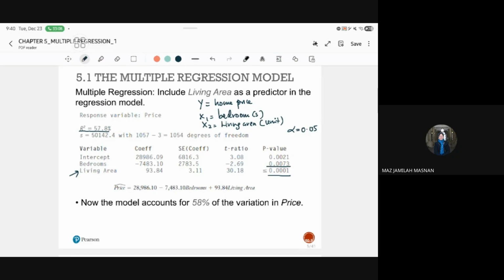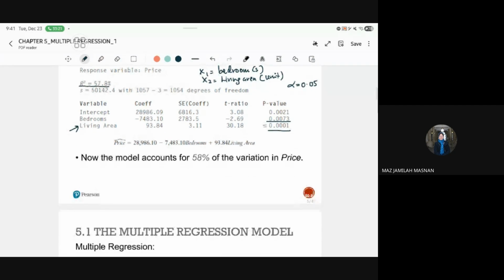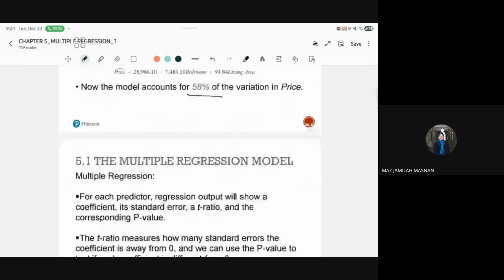So we reject the null hypothesis, which shows that bedrooms has a significant relationship with the home price, or with the model. So in this case, the model now accounts for 58% of the variation in price. And based on the evaluation of each of the variables, both are significant to the model.